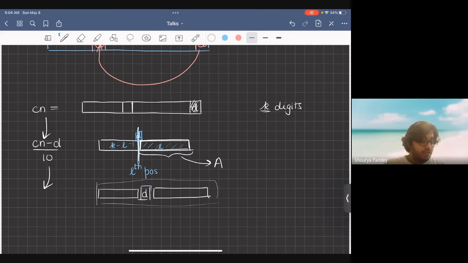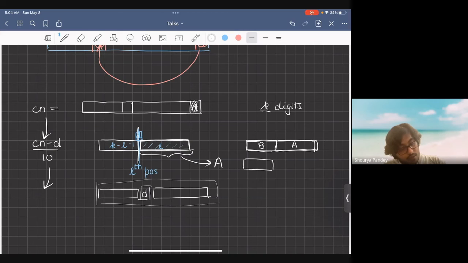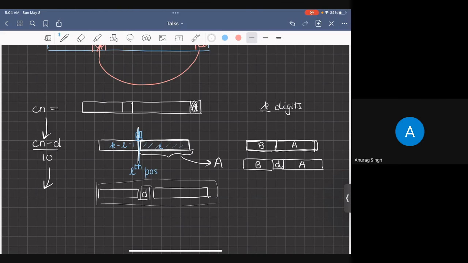Is it clear what is going on? I'm taking a block of numbers. Let's say this part is A and this part is B. All I'm doing is putting the d between B and A, right? Can I tell what it will be?